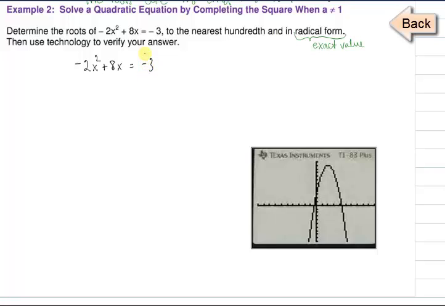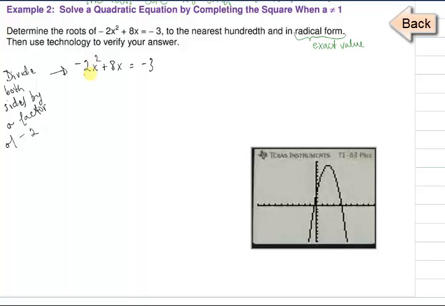What is different is our second step. Because we know we are going to want to complete the square at some point, we need to make sure that our x squared term has a coefficient of 1. And the way we're going to do that is we are going to divide both sides by a factor of -2.